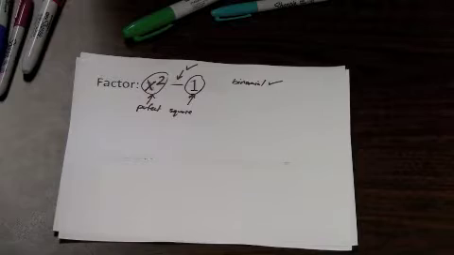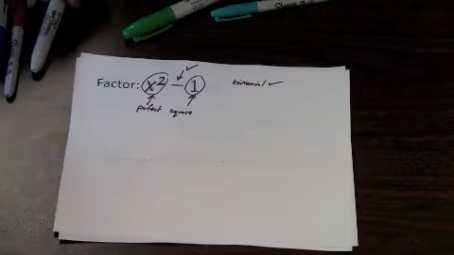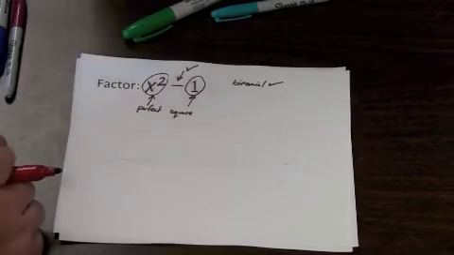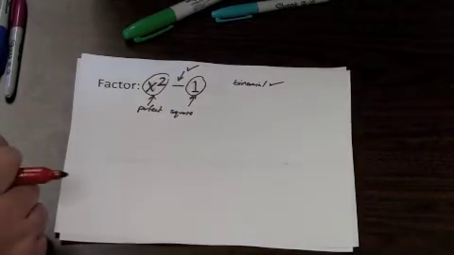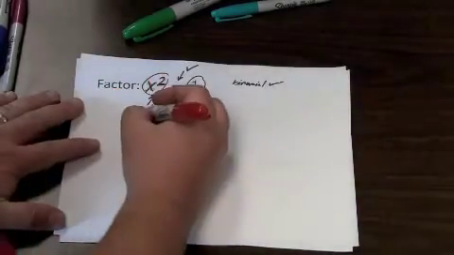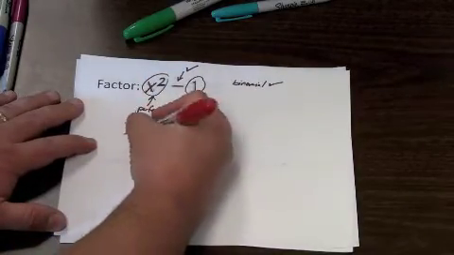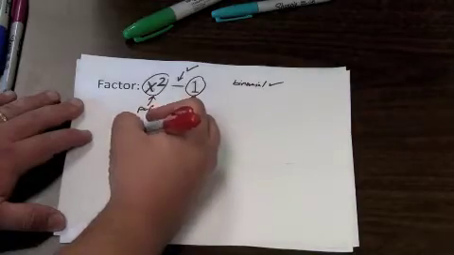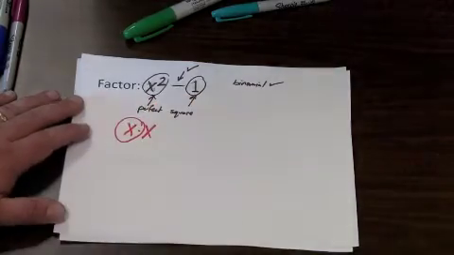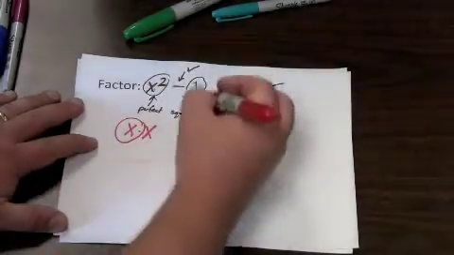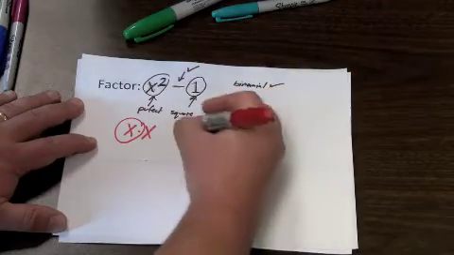Let's change colors and actually factor this thing out. Once we have decided we do have a difference of squares, we're going to take the square root of the first one. X squared breaks up into x times x, so the square root of that would be just an x. 1 breaks up into 1 times 1.